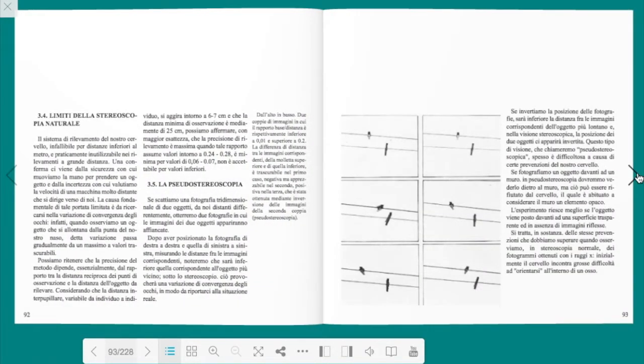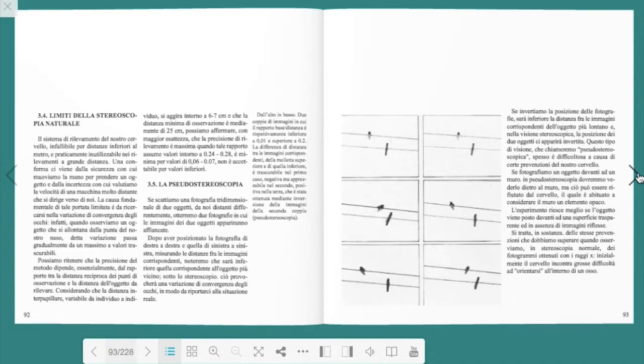Page 92. 3.4. Limits of natural stereoscopy. The detection system of our brain is foolproof for distances of less than 1 meter, and practically unusable in detections at a great distance. A confirmation comes from the confidence with which we move our hand to take an object and from the uncertainty with which we evaluate the speed of a very distant machine that is heading towards us.